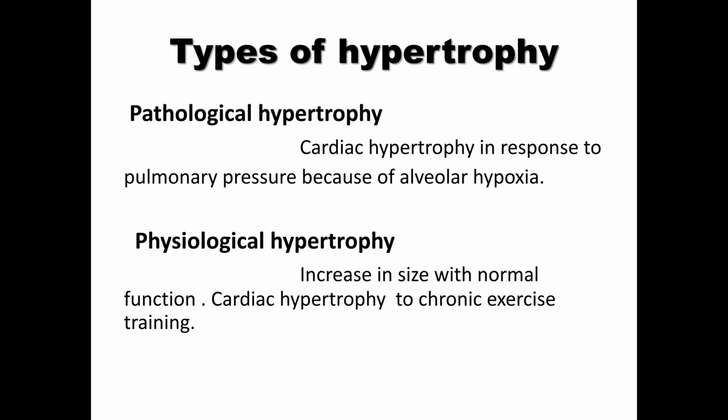When there is low ventilation in alveoli, the pulmonary arteries constrict, which results in the backflow of blood into the right ventricle. What happens there? The pulmonary pressure increases, which results in hypertension, and this results in cardiac hypertrophy and later on cardiac failure.